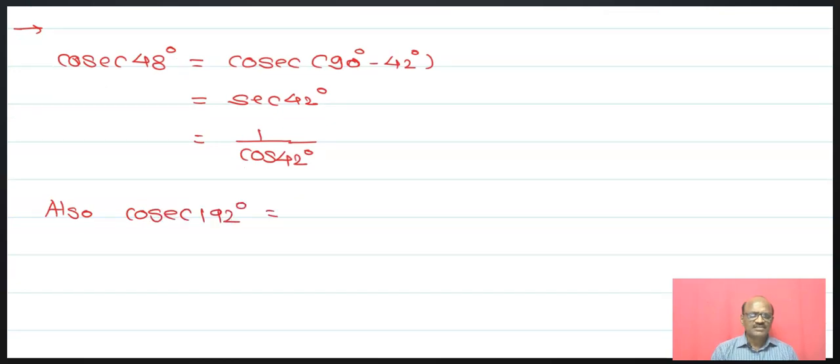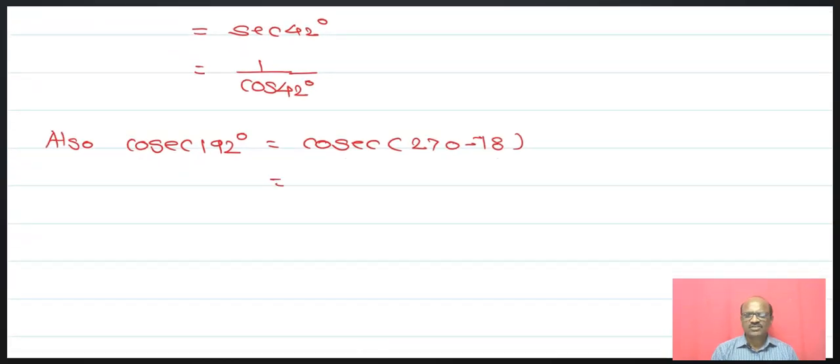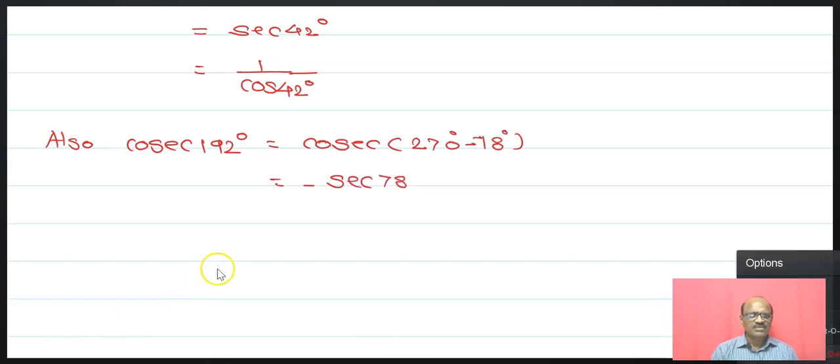Next we'll take the second term, cosec 192, and here I want to change the trigonometric function, so this angle must be an integral multiple of pi by 2. 270 is nothing but 3 pi by 2, since pi by 2 is 90 degrees. So we write cosec (270 minus 78).